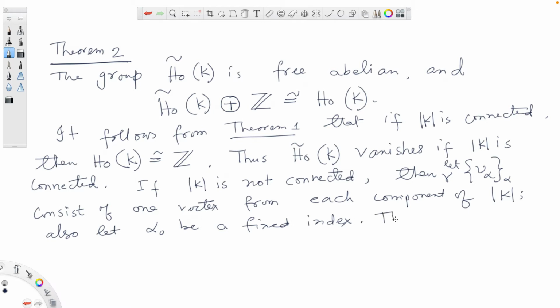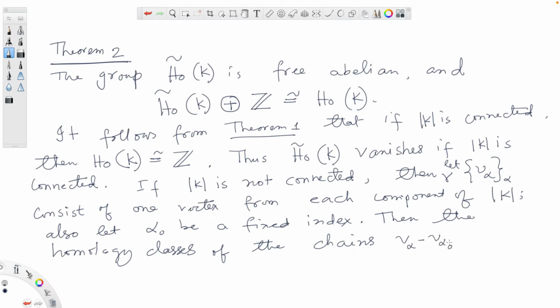Then the homology classes, by which I mean the zero cycles that do not bound, of the zero chains, to be more precise, V alpha minus V alpha 0, where alpha is not equal to alpha 0, so that it does not vanish, this collection forms a basis for the reduced homology group of the simplicial complex K.